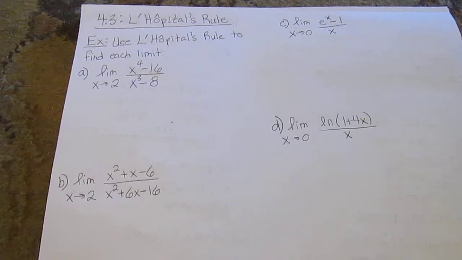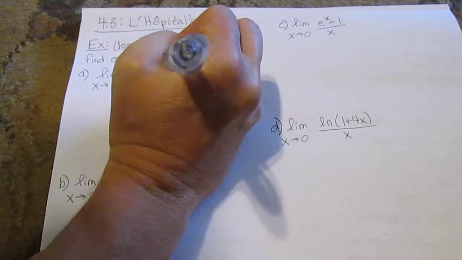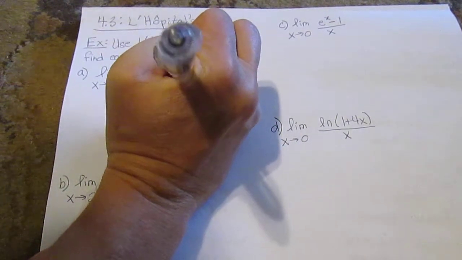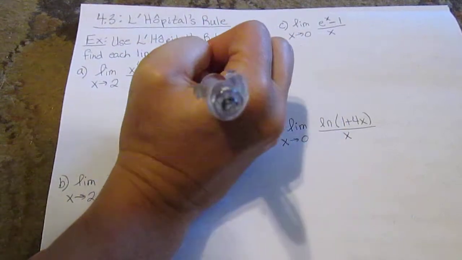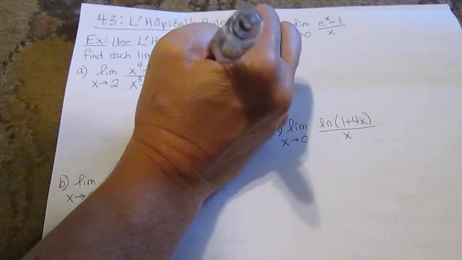So what it says is if you get 0 over 0, and there are other forms, but we're just doing the 0 over 0 in this section, you can take the derivative of the top and the derivative of the bottom and see what happens. So we've got the limit as x goes to 2. Taking the derivative of the top, we get 4x cubed.